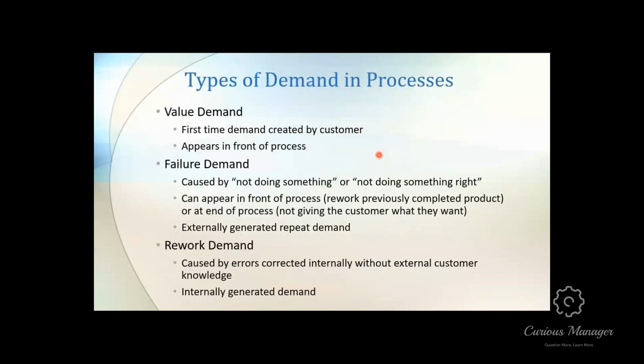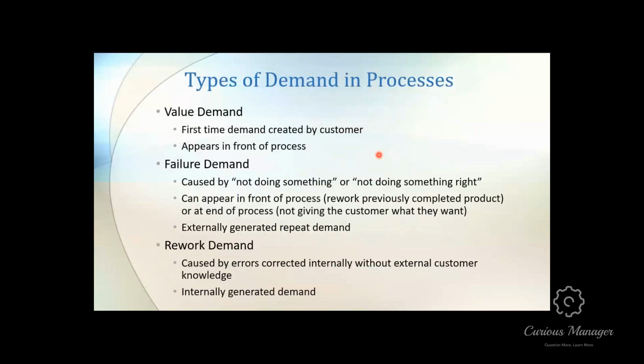So you may put this red car back at the front of the process to reprocess it to make it a blue car. So that's when the failure demand appears at the front of the process, it is re-entered into the process to correct what we did not do, or that we did incorrectly.